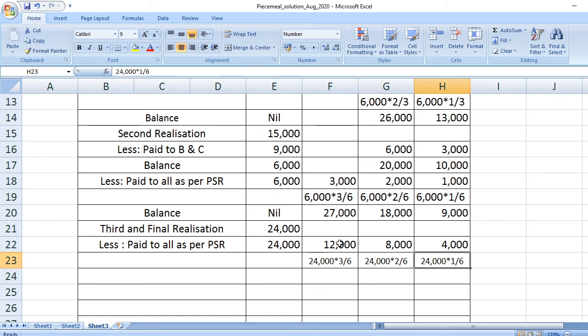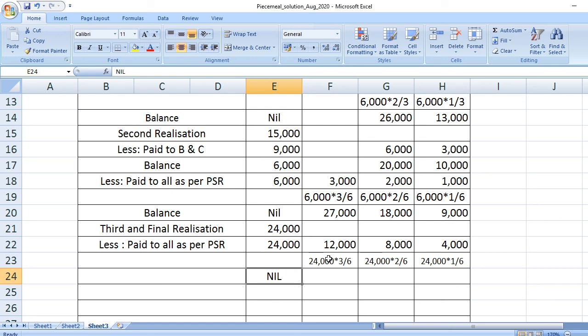Now if you see, 24,000 minus 24,000, there is no balance remaining. What about 27,000 minus 12,000?